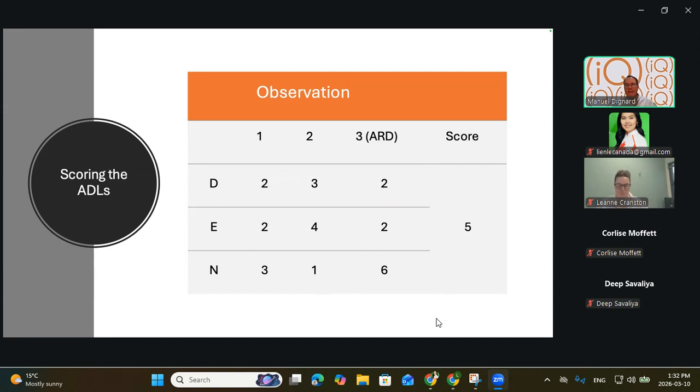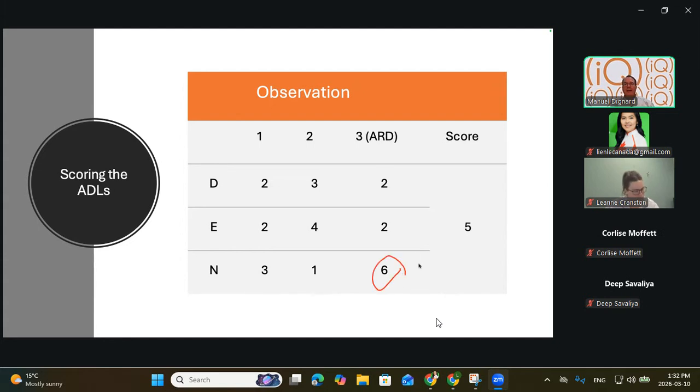Now, when we look at this one, we're getting into a little bit more complicated context, but we're still on question 2. So question 1, did it all happen at the same level? No. So we move on to question 2. Is one of those 9 events a 6? Yes, we have a 6.